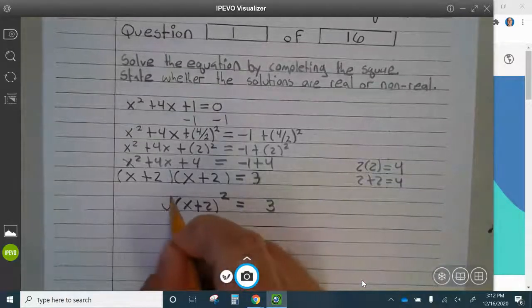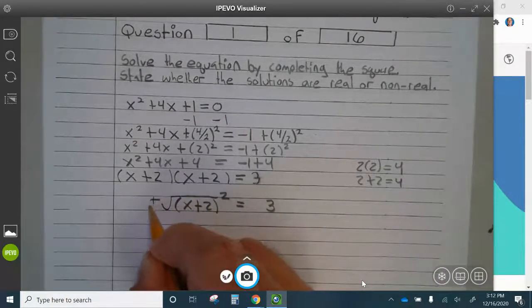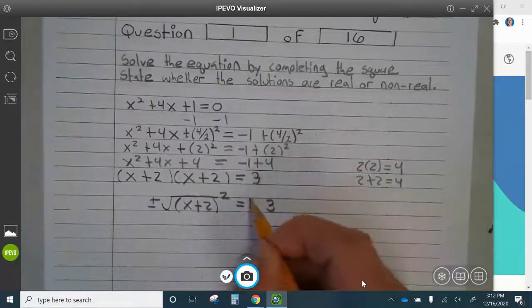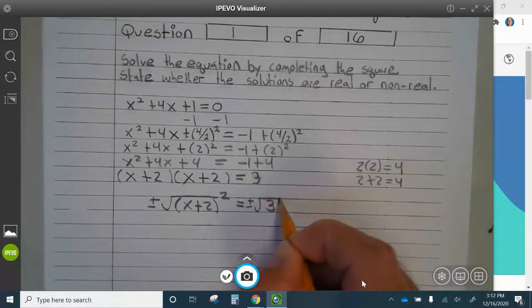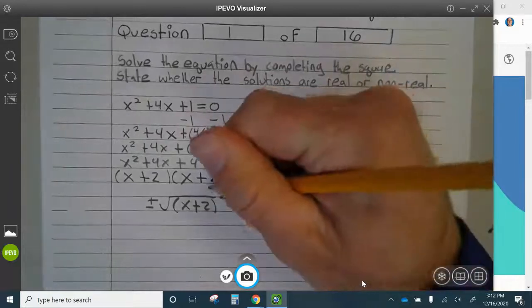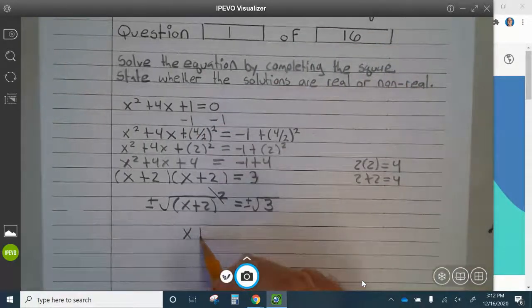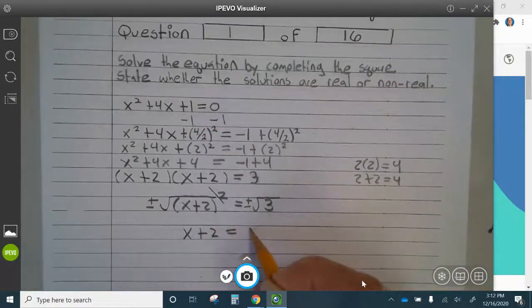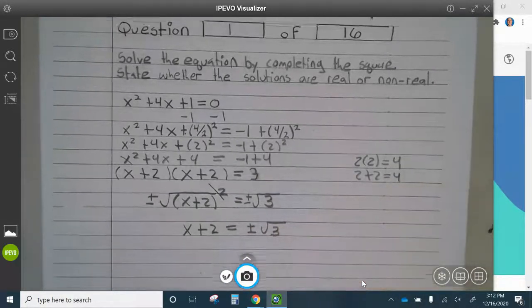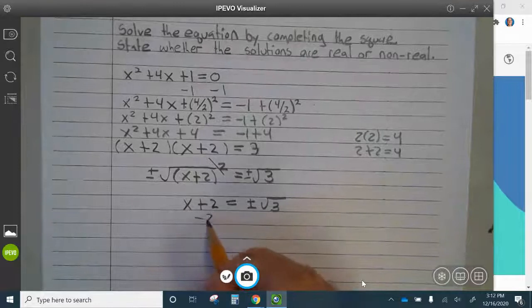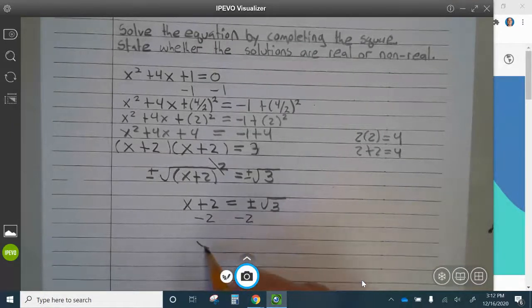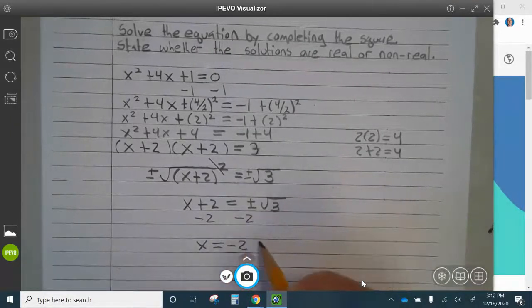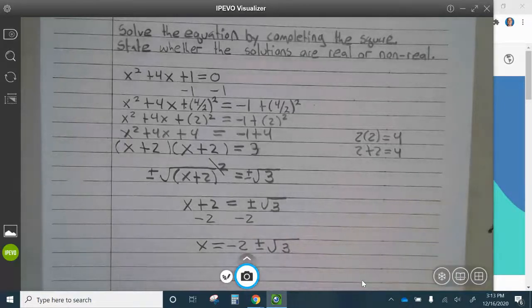We're going to take the plus or minus square root of both sides. Okay. This cancels, so you're left with x plus 2 equals plus or minus the square root of 3. Subtract 2 from both sides. So your answer is x equals -2 plus or minus the square root of 3.